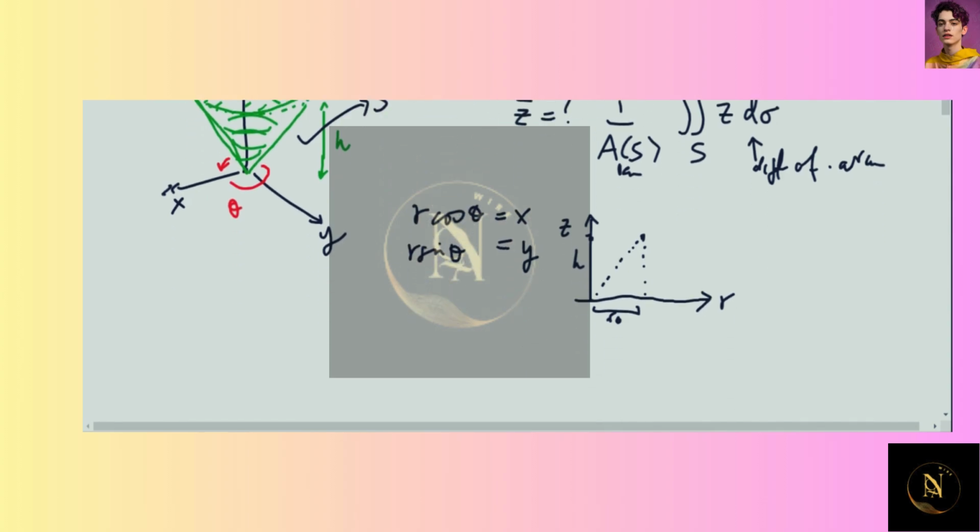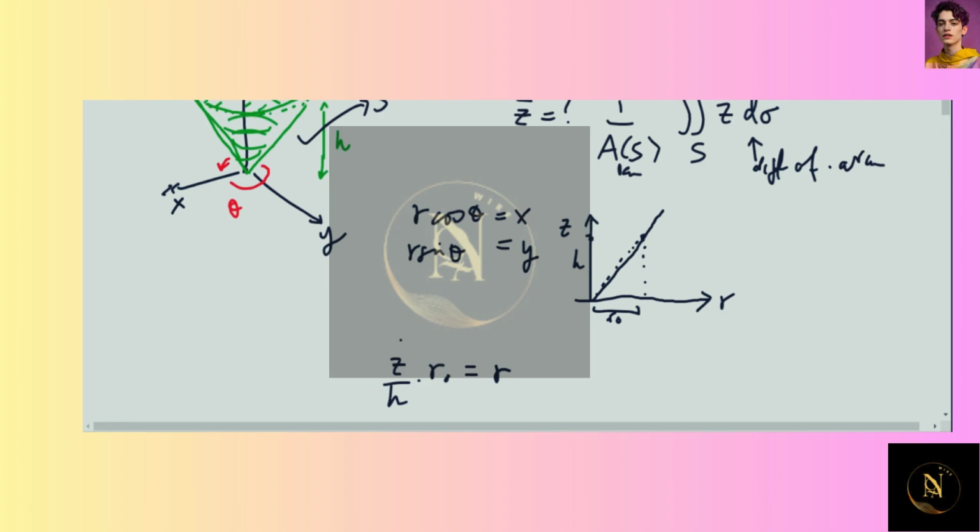So this is the line. It's going to be a line that has z divided by h times r naught, because that should be r.